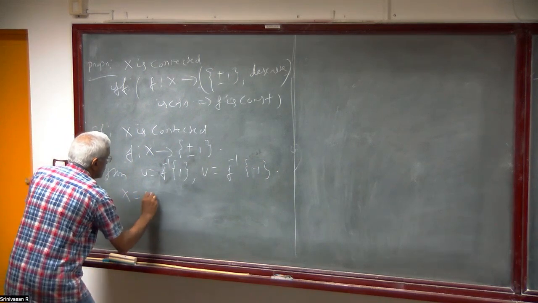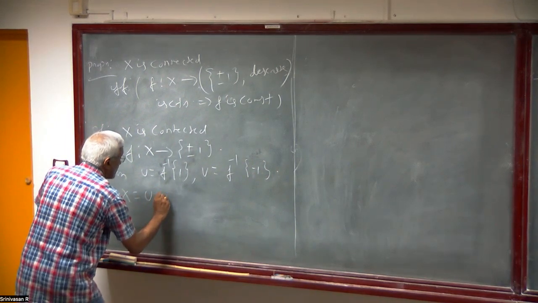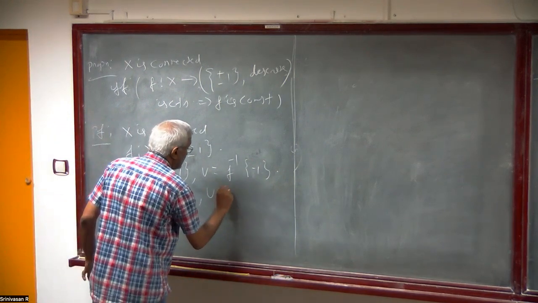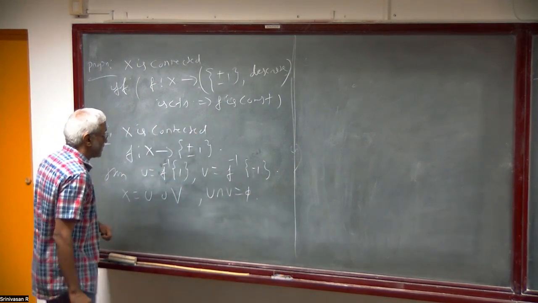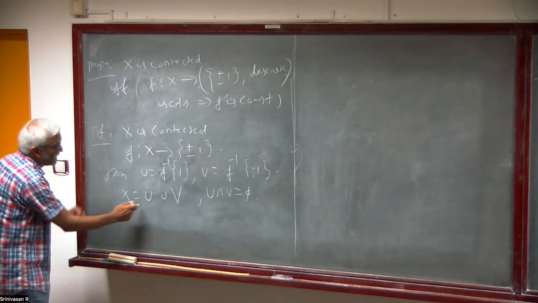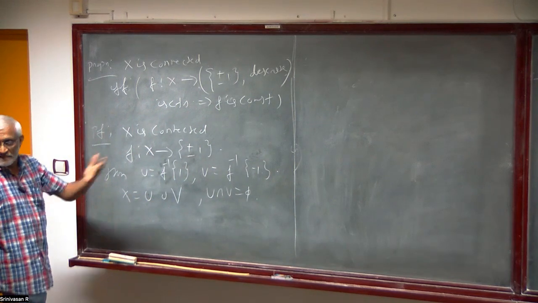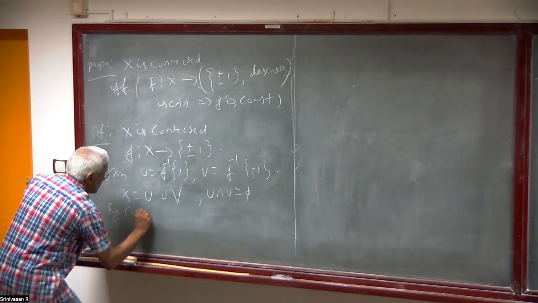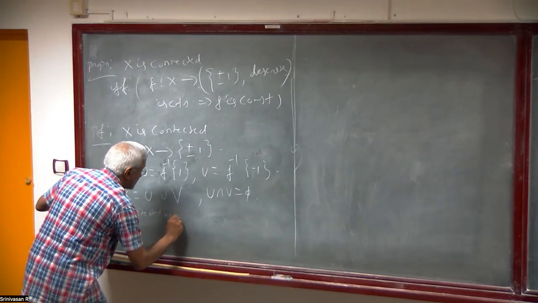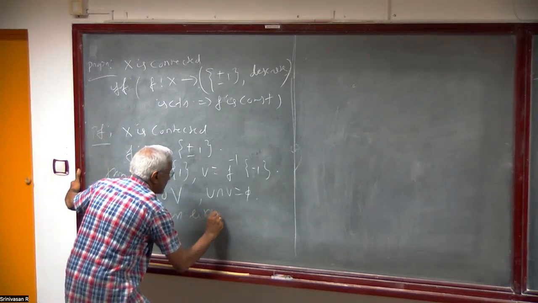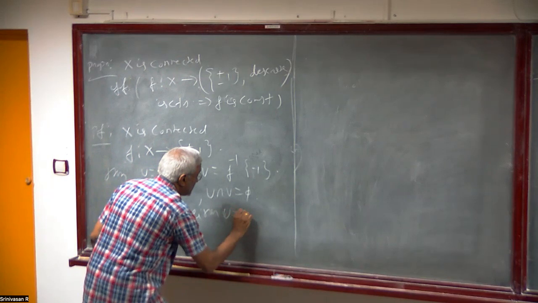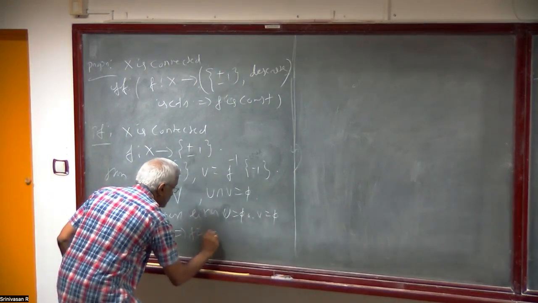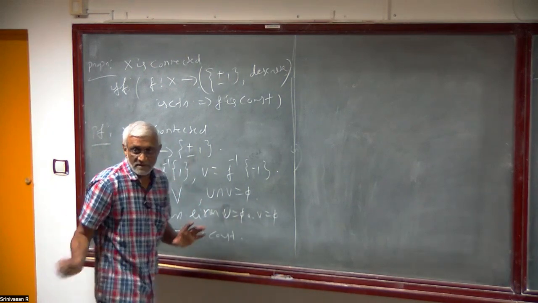So X is equal to U union V, and they are disjoint: U intersection V is empty. Then by connectedness, either U has to be empty or V has to be empty, which means f is constant. It's clear.